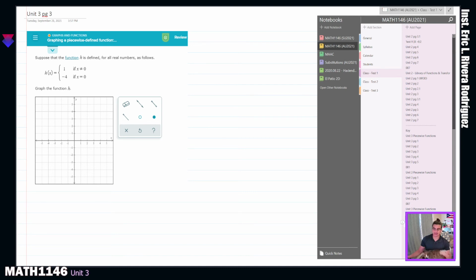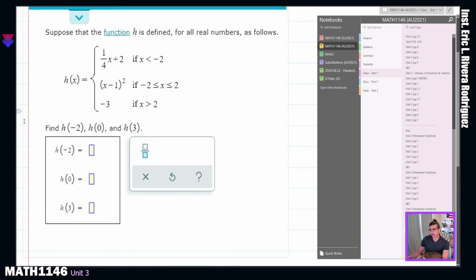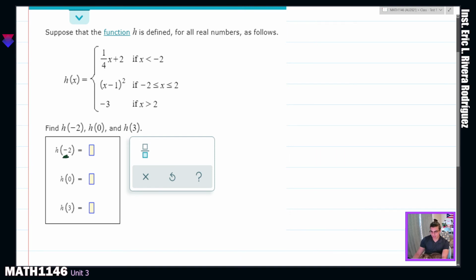But once you understand everything about it, it's going to be very easy. This is just for evaluation of the piecewise defined function. So what you want to do here is to use the x value that is given there.